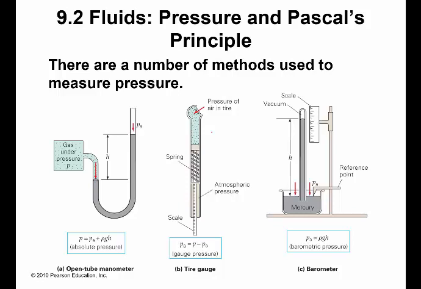So if you measure your tire pressure with the tire pressure gauge and it says it's 30 psi, pounds per square inch, we actually have to add 14.7 to that. So it's actually 44.7 pounds per square inch. That's the actual measurement in your tire. But again, these kinds of pressure gauges measure the pressure difference rather than the absolute pressure. And then finally we have barometric pressure.